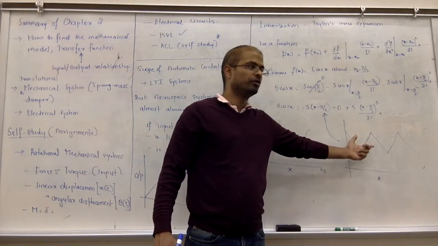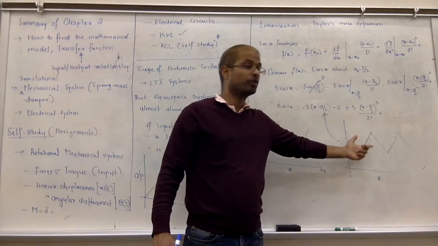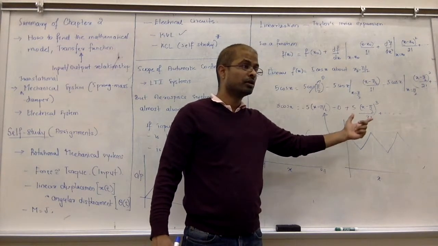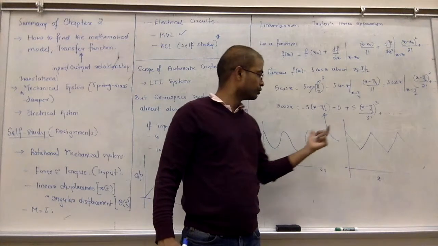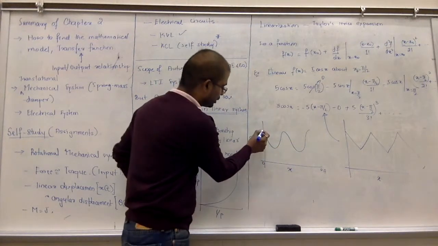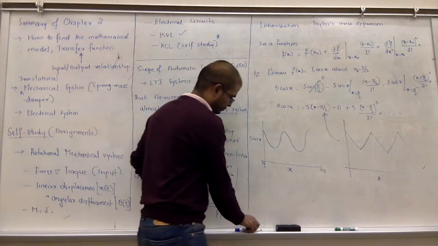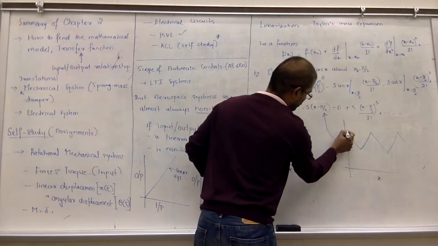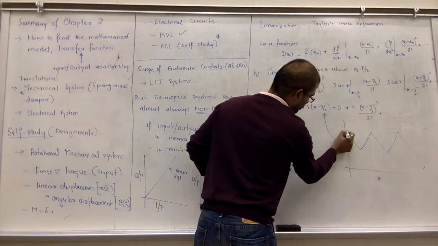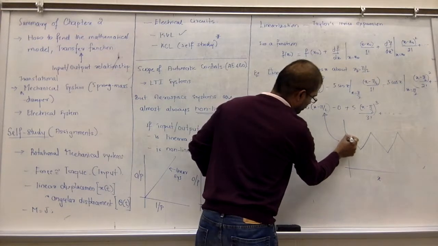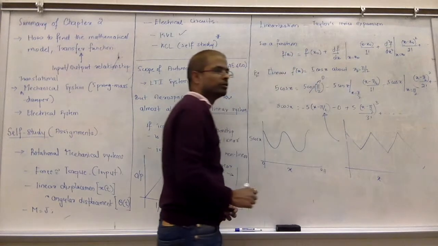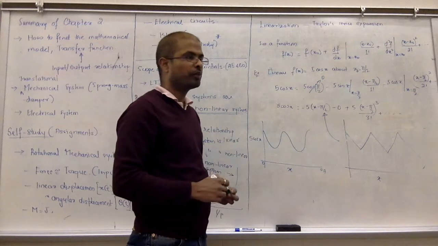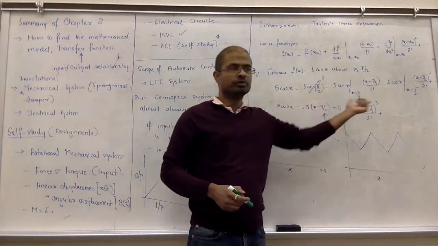You don't want to just approximate it. But you can develop something very close. It could be very closely linearized, as I said. It depends on how many higher order terms you include.